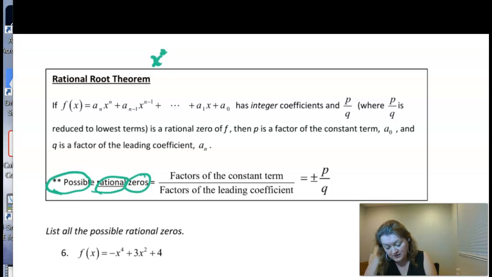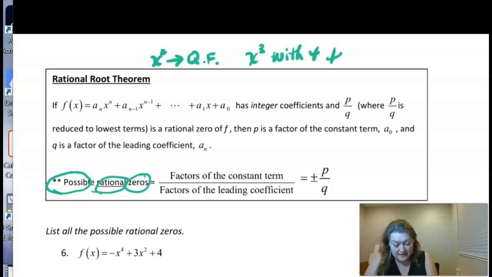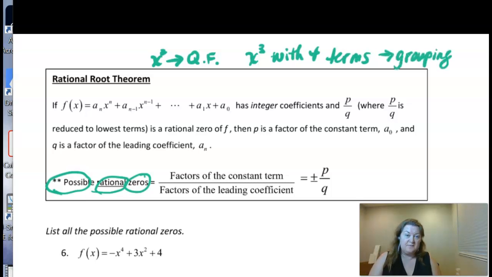So if it's an x squared item, we go to quadratic formula. If it's an x to the third and it's got 4 terms, then maybe grouping, right? But if it's got 4 terms and they have nothing in common, I'm going to this method right here, this rational root theorem, okay?